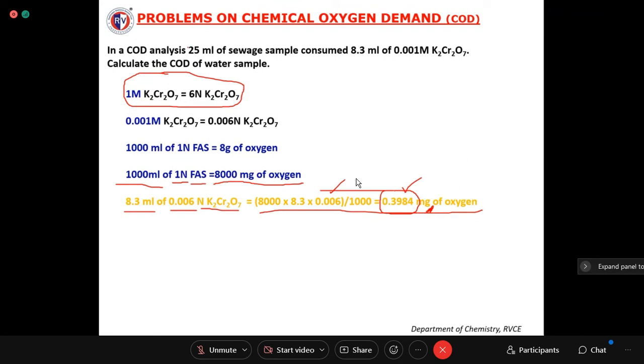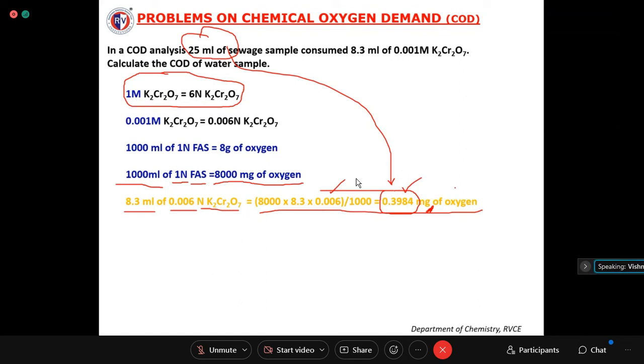Look at the problem first. I told 25 ml of sewage sample is taken and the analysis was done, which requires 0.3984 milligrams of oxygen for complete oxidation. But go back to the definition of COD. What is the definition of COD?